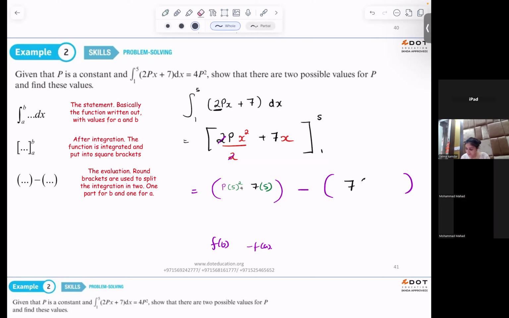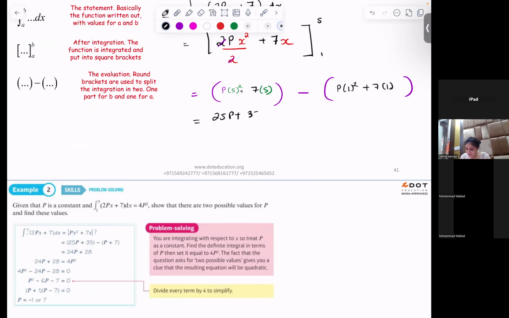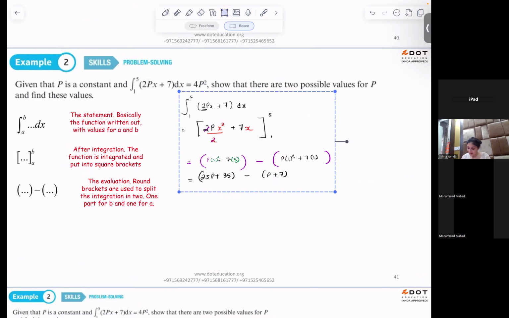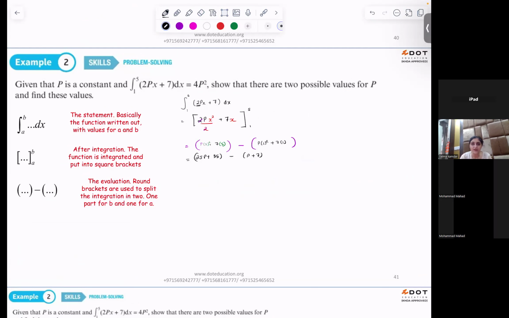And what would this be? It's going to be p times 1 square plus 7 into 1. When I solve this, the answer that I'm getting is 25p plus 35 minus p plus 7. I hope you're with me. I'll solve this further. I hope you're solving alongside.